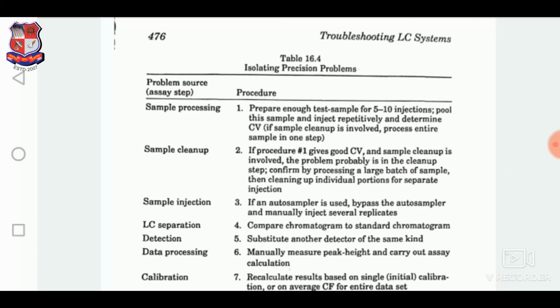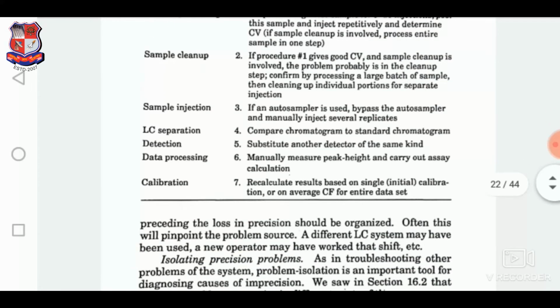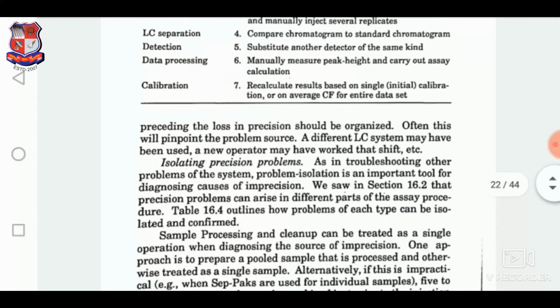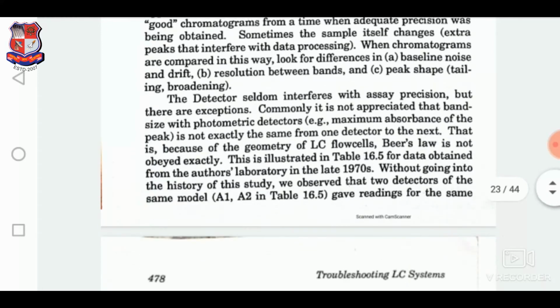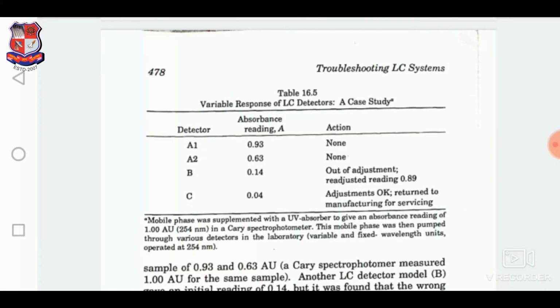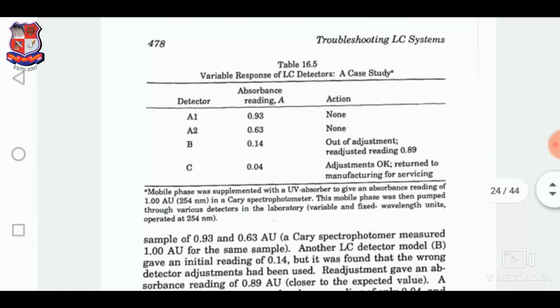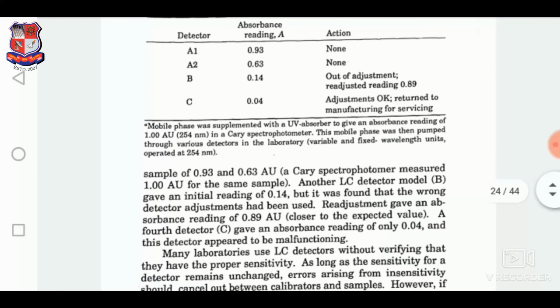Isolating precision problems during the sample processing, sample cleanup, sample injection, LC separation, detection, data processing, calibration. This is the explanation for the variable response of assay detector, a case study. Now here the absorbance readings for the different detectors is there.